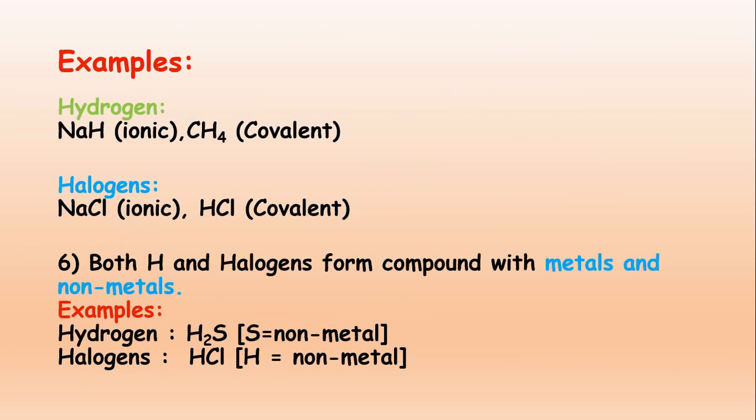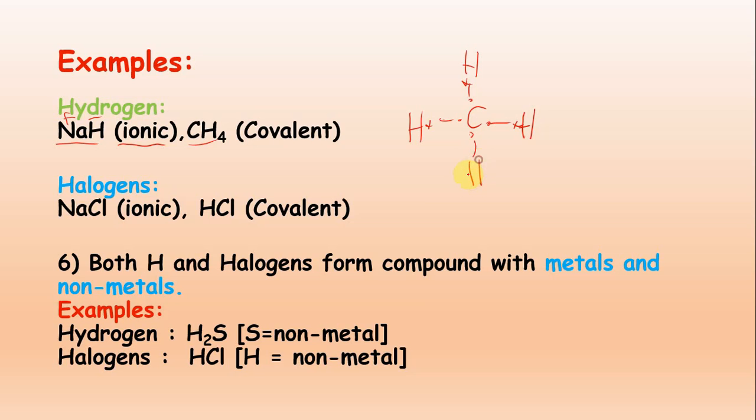Now the examples. Hydrogen forms an ionic bond in sodium hydride, where sodium is positive and hydrogen is negative. This is an ionic bond. In the same way, hydrogen can form a covalent bond with carbon. As I have already mentioned, carbon is tetravalent, having 4 valence electrons, so it reacts with 4 hydrogen atoms to produce single covalent bonding.